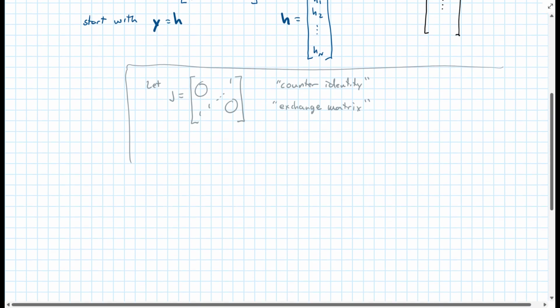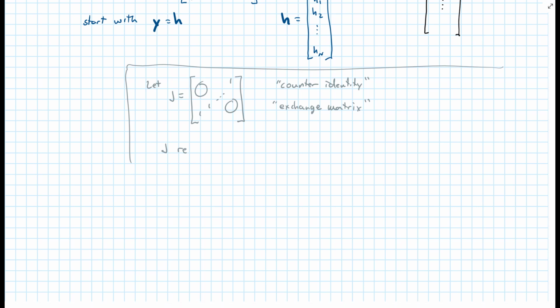So this matrix reverses entries in a matrix or vector that it multiplies.